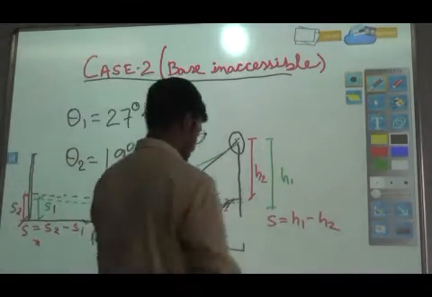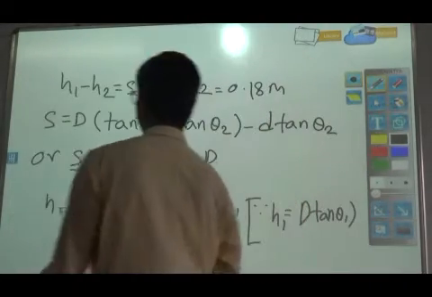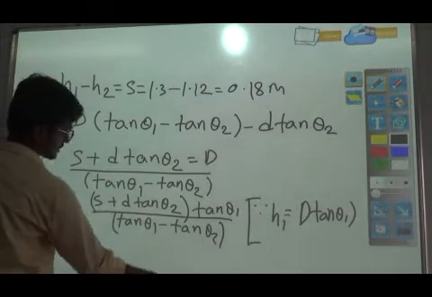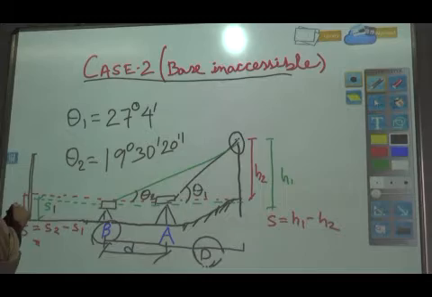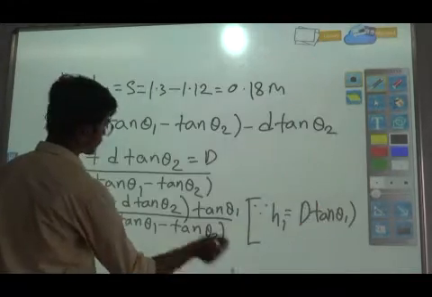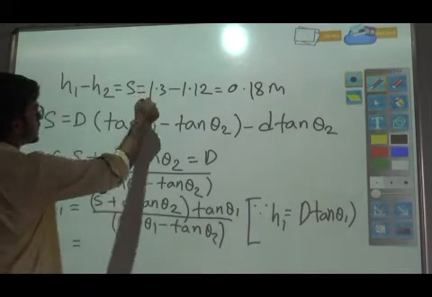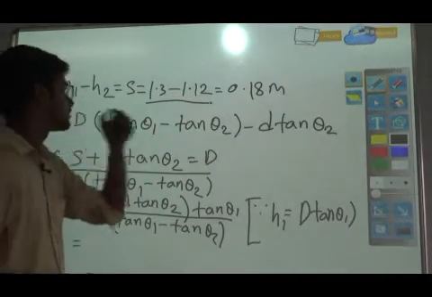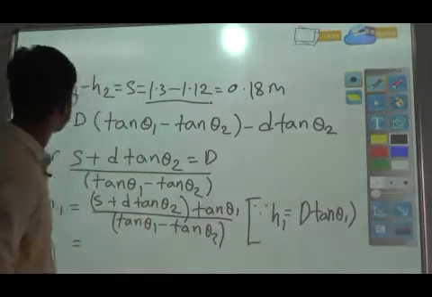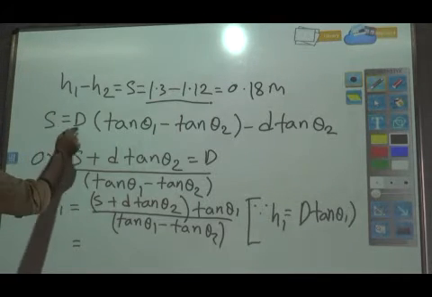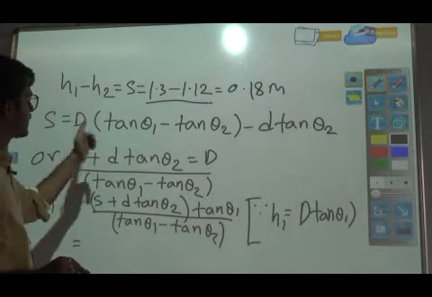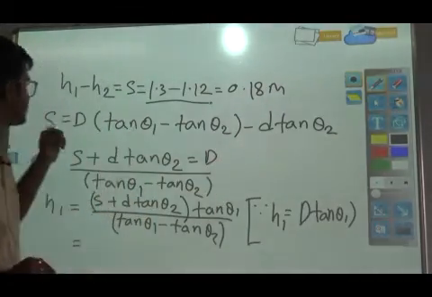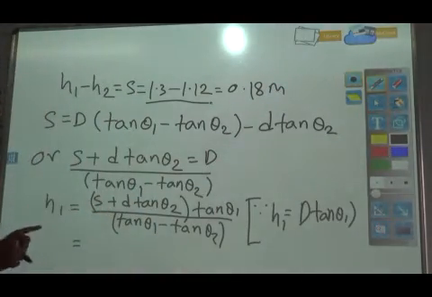Going to the calculation part, in this case h2 minus h1, that is s, will be equal to 1.3 minus 1.12, that is 0.18 meter, and s is equal to d tan theta 1 minus d tan theta 2. This is already explained in the previous lecture, you can go through that.